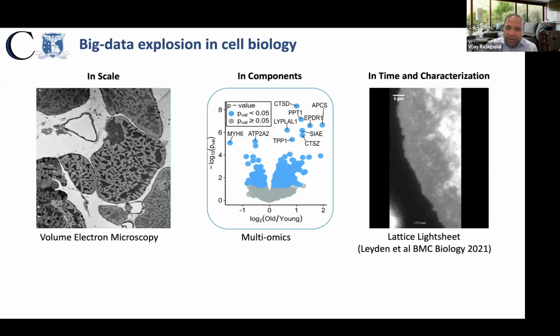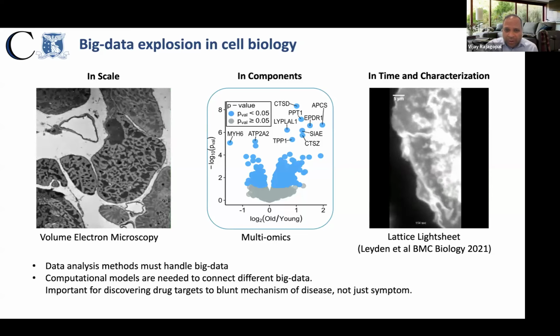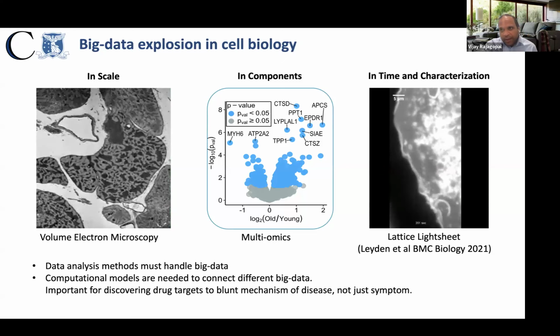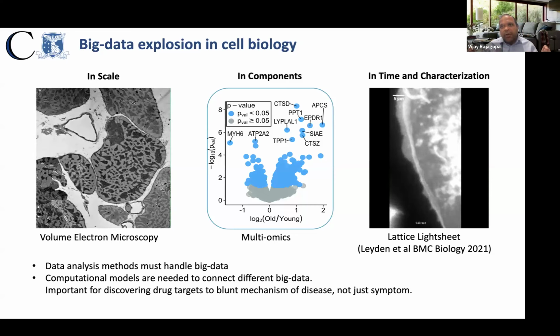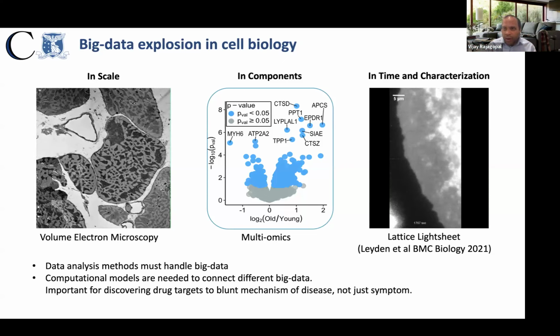The first challenge is just being able to process the data using high throughput methods. And the second challenge is, can we connect these different data sets? Because in the end, what all clinicians, basic scientists, basic cell biologists, and physiologists want to do is understand the physiological state of an organ or a cell so that we can then make predictions or develop treatments that can get us back to a healthy state if we're in a disease state.